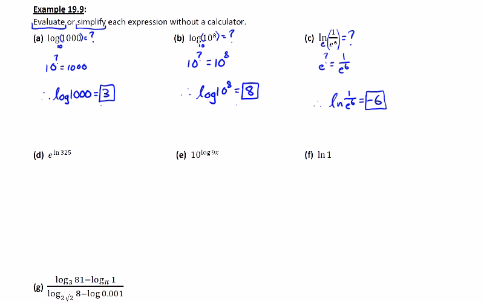e to the natural log of 325. So this is not a logarithmic statement like the others are. This looks more like an exponential statement. So we have e representing the base, the ln of 325 represents the exponent, and then that means my question mark represents the argument.